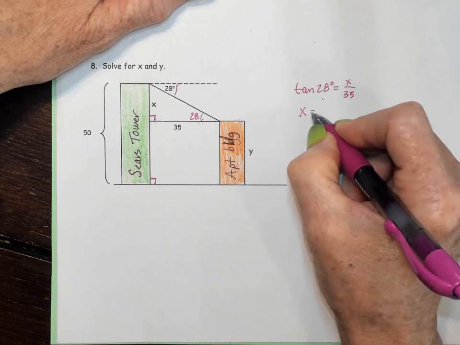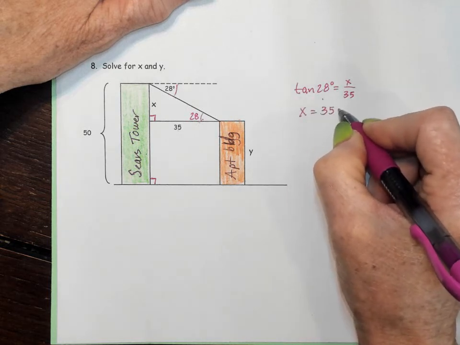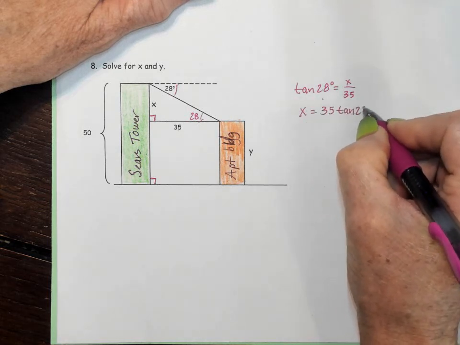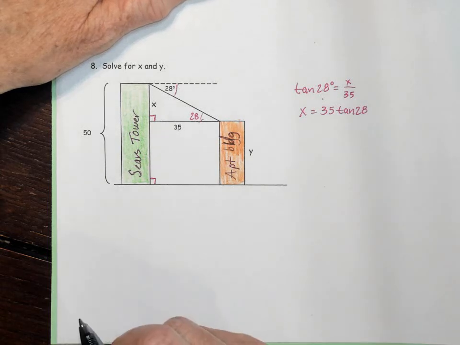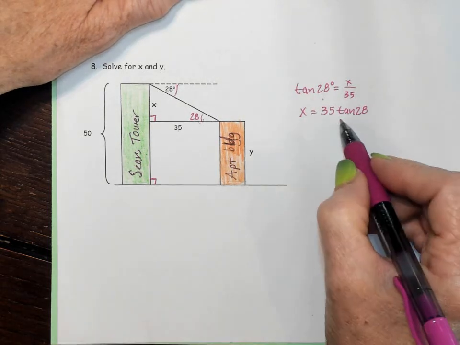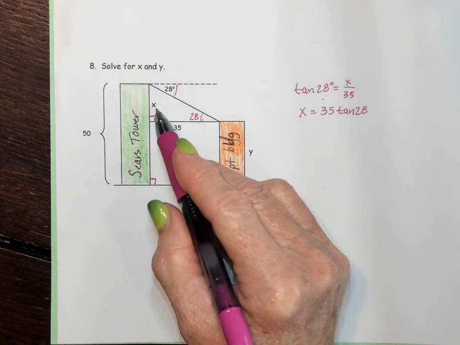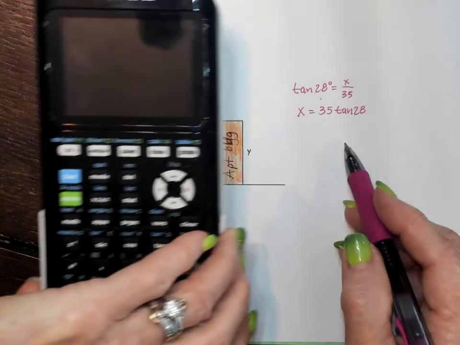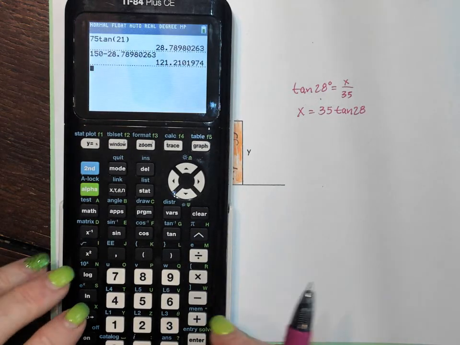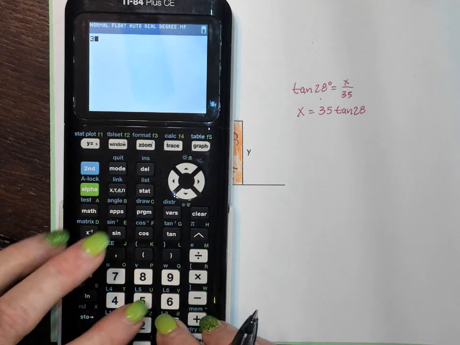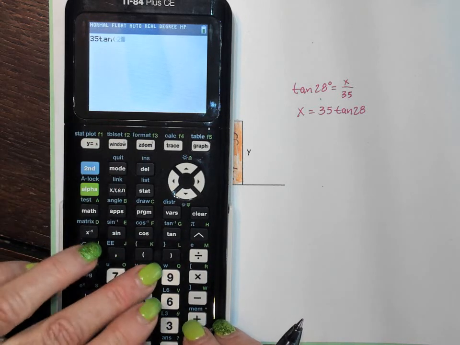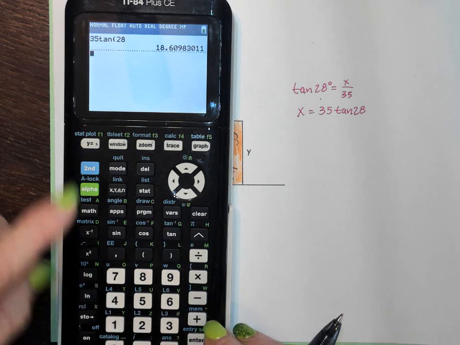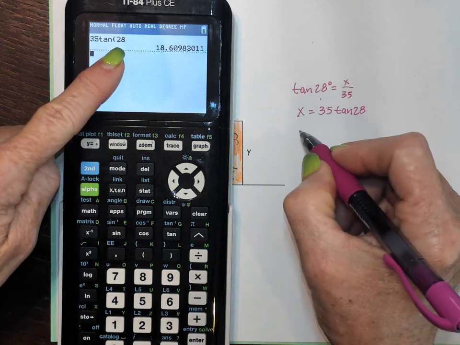So x is 35 tangent 28. And we do want to know what that is because I'm asking you for x. So let's type that one up in the calculator. Let's see, 35 tangent 28. Oops, I forgot my parentheses. In this case, it doesn't matter, though.